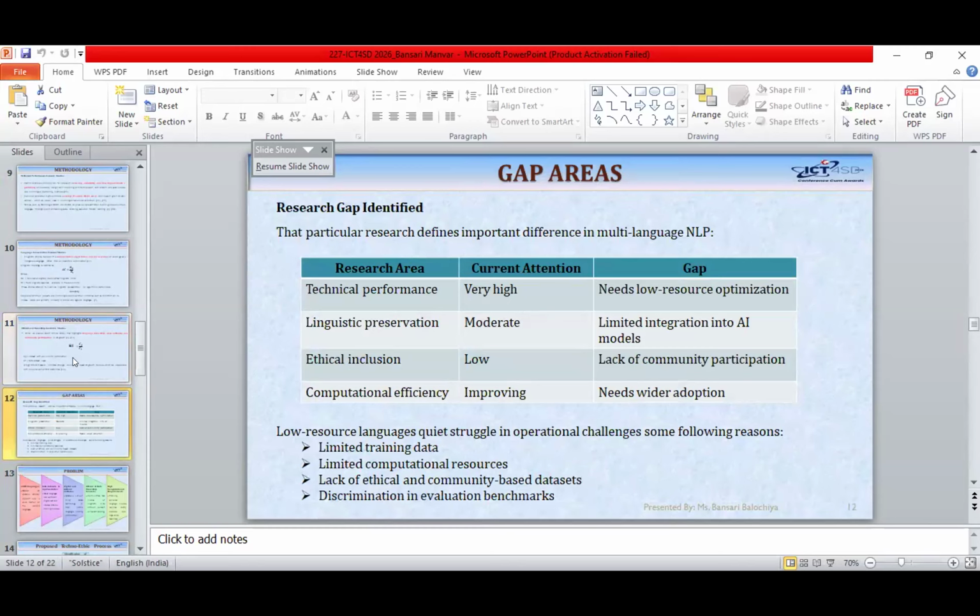What does it mean? Sir, in the technical study, like mBERT, the technical performance accuracy is very high. But in terms of low resource, they need optimization. Those models are still not accurate for that. Okay. Thank you very much. Thank you. Thank you, sir.